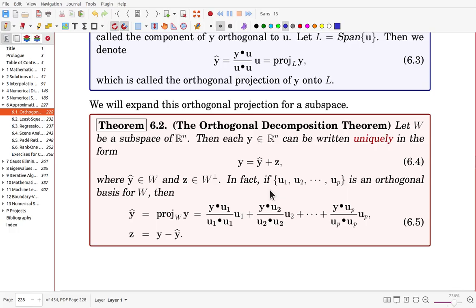If we have an orthogonal basis for W, then we can get the projection quite easily. So y hat, the projection of y onto the subspace W, can be written in this form. Then the projection is subtracted from the original vector y, and the orthogonal component can be found this way. I believe most of you learned this from linear algebra.